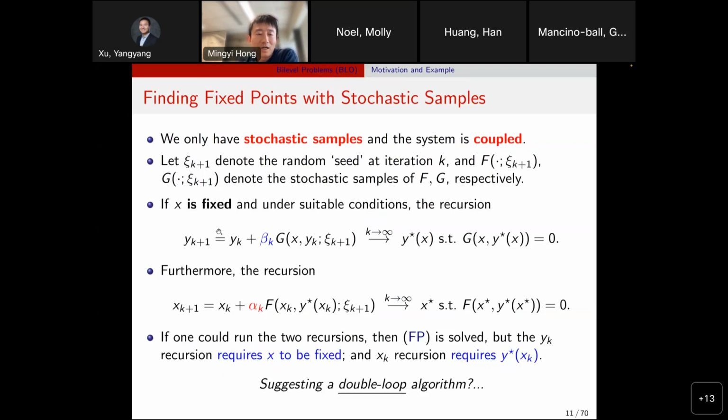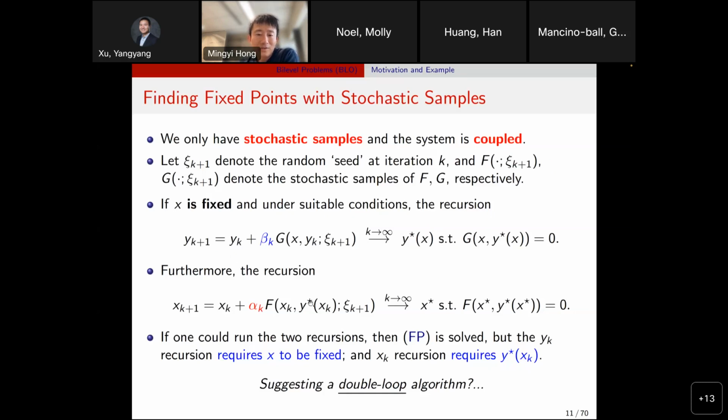Now suppose x is fixed. Then we can do this kind of gradient descent type of update, choose a step size beta k, and you can imagine that when k goes to infinity, this y star will be obtained. So x is fixed now, and you can imagine that this will be 0.